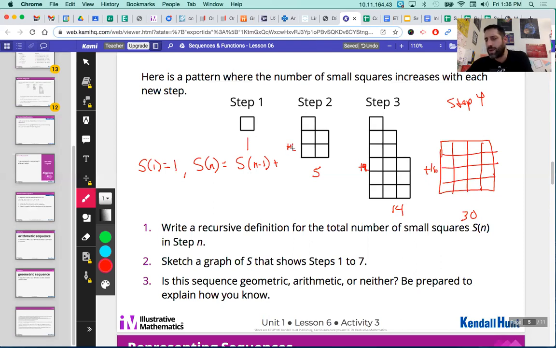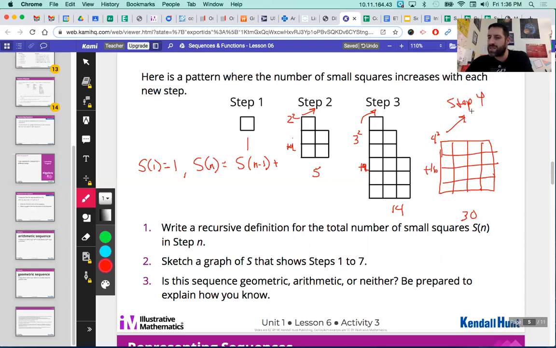What number do you square to get 4? 2. Well, guess what? We're in step 2. What number do you square to get 9? 3 squared, in step 3. In step 4, that's 4 squared.